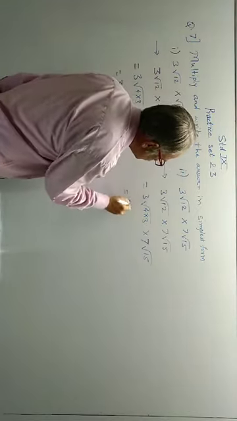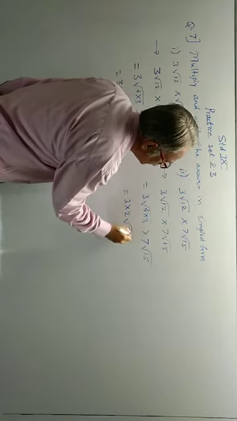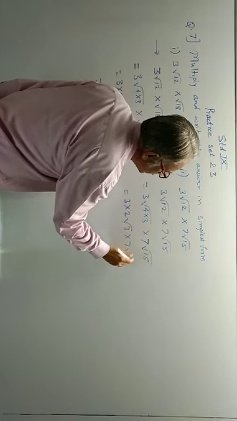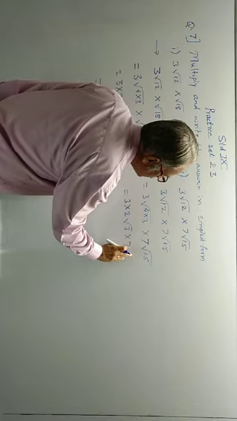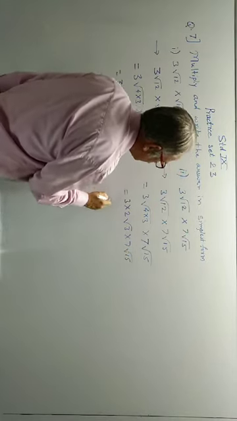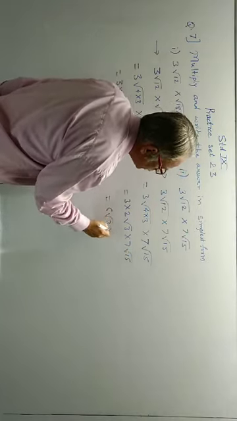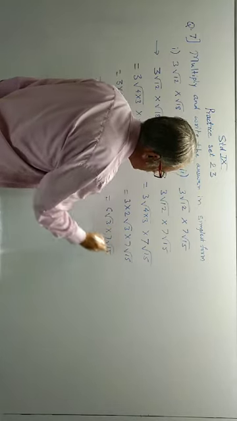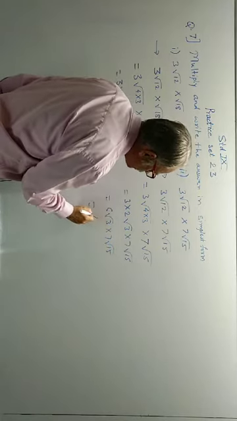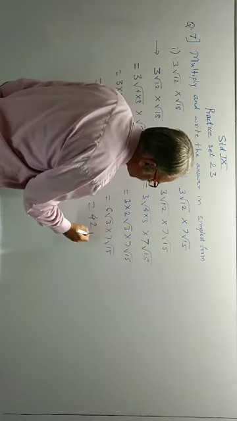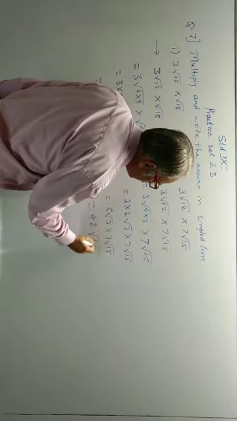Then 4 is taken out into 7 root 15. Now here you can see interesting things. It comes 6 root 3 into 7 root 15. Now 6 7s are 42. Root 3 root 15 product, 15 3s are 45.